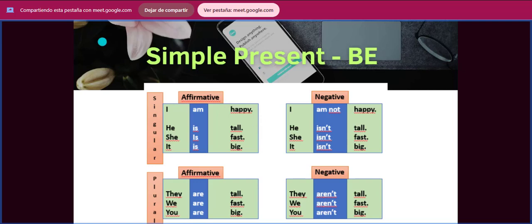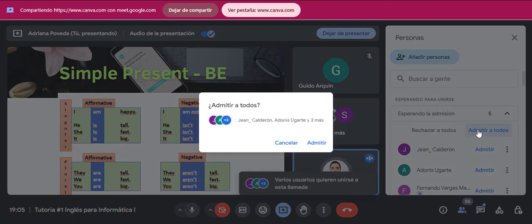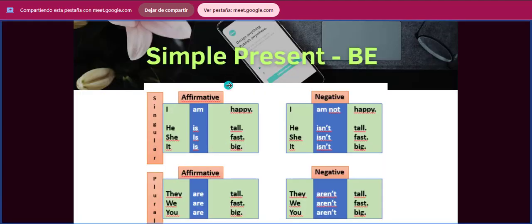Then in the plural pronouns, we will have the conjugation are, and so we can say things like they are tall, we are fast, and you are big. Okay, these are some examples.